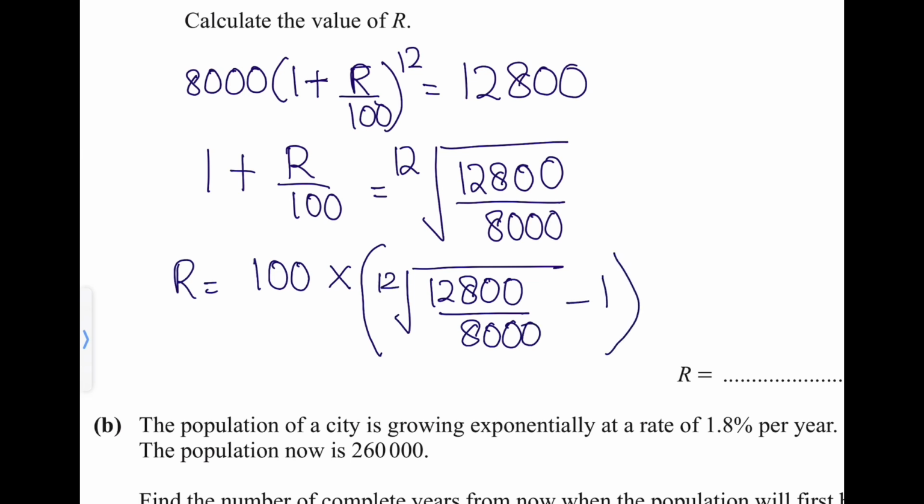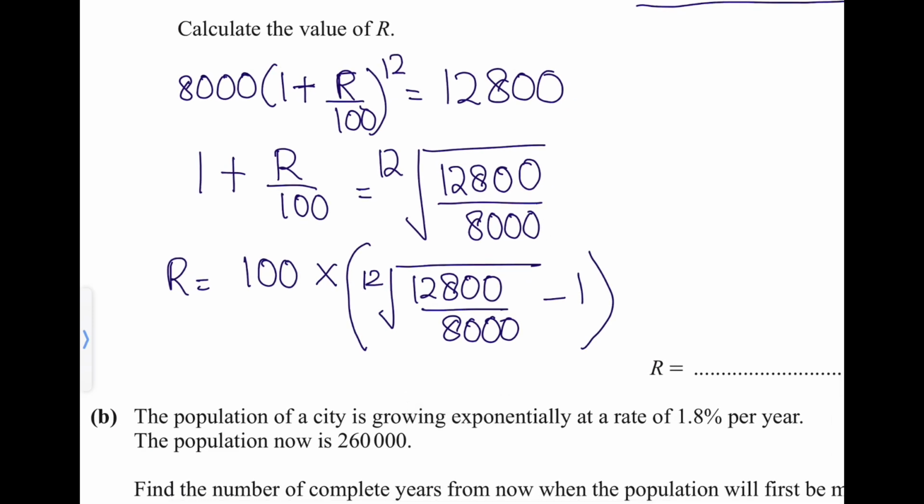If you're wondering how I got this, first I took the 1 to the other side, so that gives me negative 1, and then I just multiplied it by 100. This is a simple way, since now you just need to do this in the calculator. That would be 12,800 divided by 8,000, to the 1 over 12, minus 1.